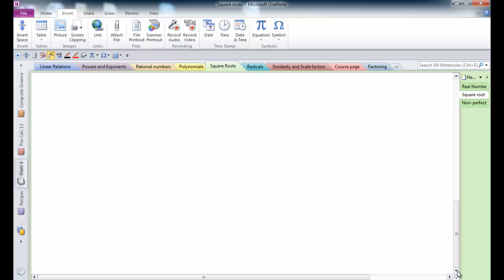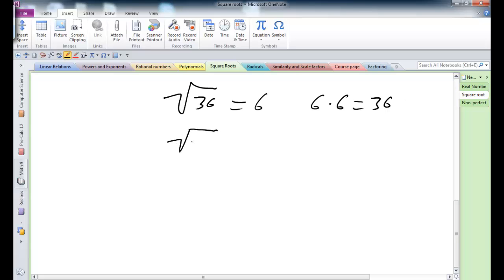Let's calculate a few square roots together. Let's do the square root of 36. That equals 6, because 6 times 6 equals 36. Let's do the square root of 49. Square root of 49 equals 7.